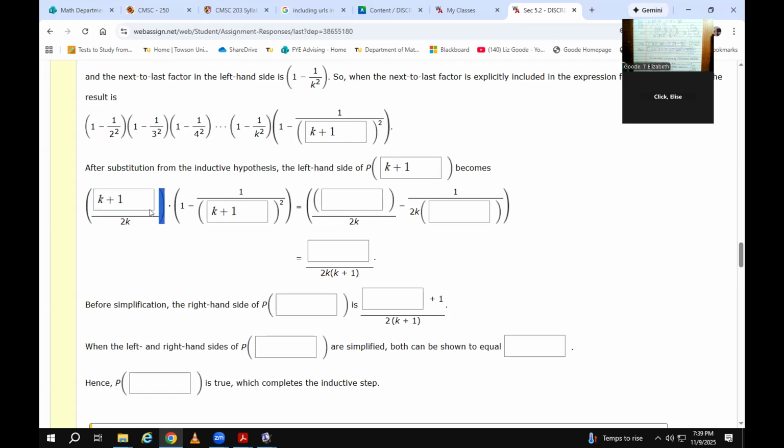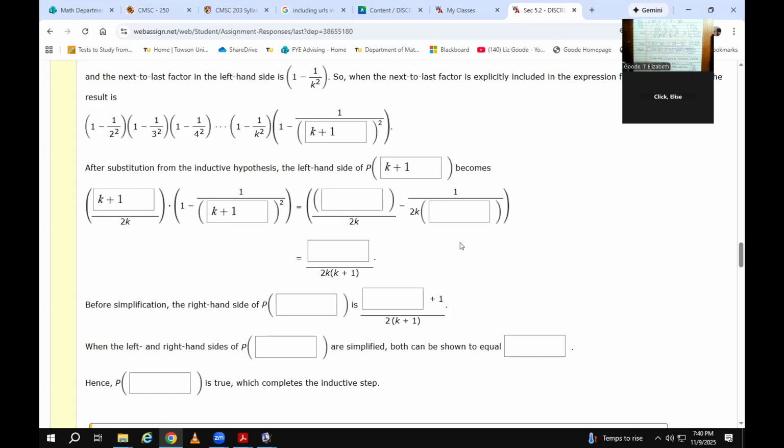It's just a single fraction right here. But this is a binomial with a big minus sign, even though it doesn't look big, it is a minus sign. What they're doing is they're first multiplying this fraction k plus 1 over 2k times the 1, and then they're going to multiply the k plus 1 over 2k times the minus 1 over k plus 1 quantity squared.